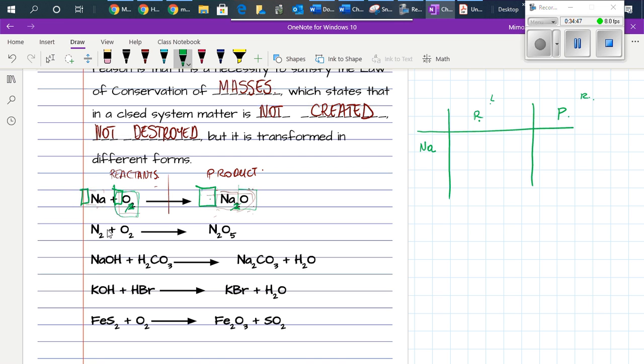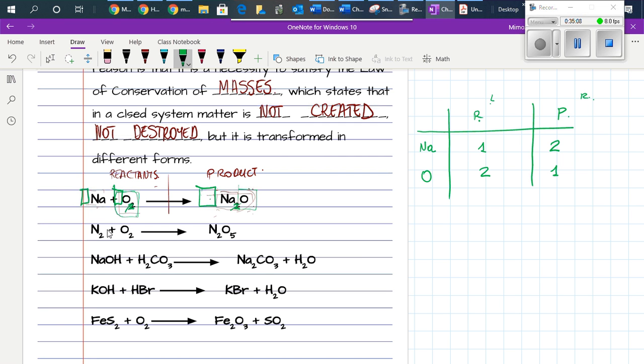Then they sort all of the elements, the atoms that you are dealing with. On the reactant side, as we said, we have 1 sodium and 2 oxygen. And on the product side, we have 2 sodium and 1 oxygen.